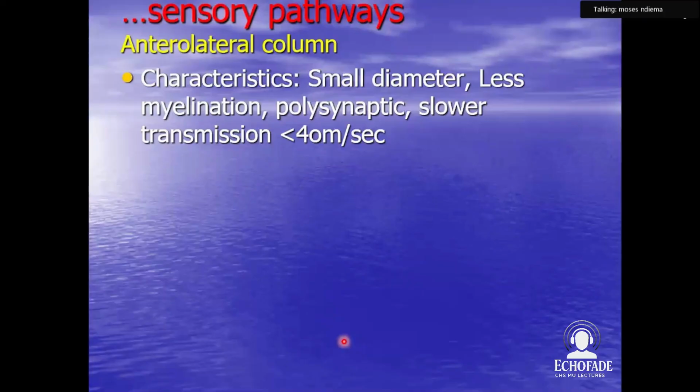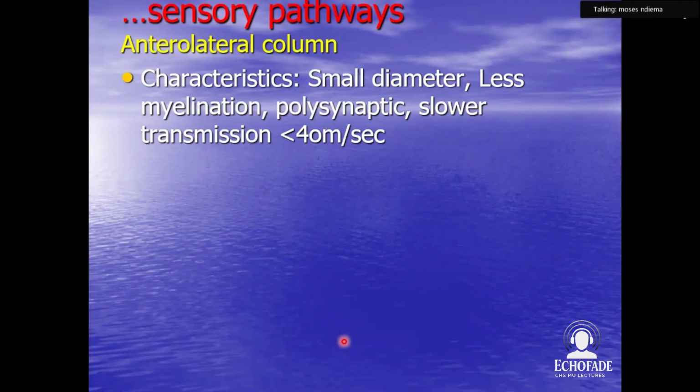That is crude touch, crude pressure, vibrations. With that, you cannot distinguish different modalities or different gradients of what you are touching. Whether it is rough or smooth, you cannot distinguish that. So that is carried in the anterolateral column, or what you refer to as the spinothalamic tract.